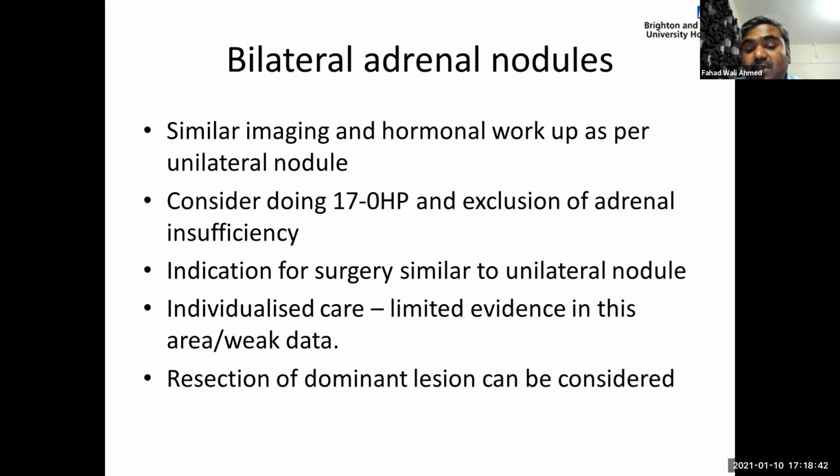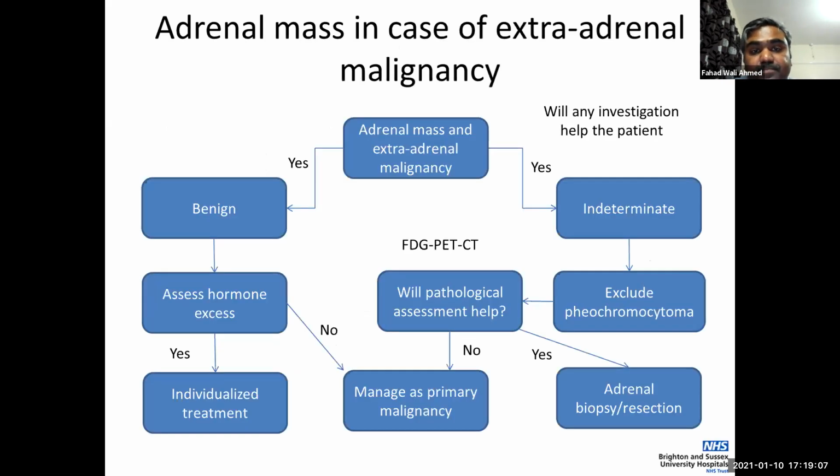Let's say the patient has got Cushing syndrome, then do we need to take both the glands? We may try to take a dominant gland, which is the bigger one, or if the Cushing syndrome is not significant, we can leave it or not. So the evidence is quite weak here at the moment. I think it's just based on our MDT and the patient discussion, then we proceed.